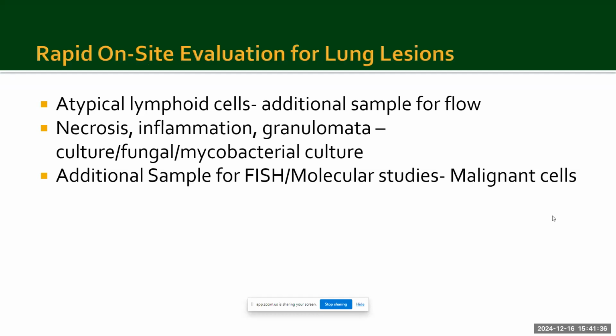In the beginning of our podcast, I also mentioned that if I am seeing any amount of atypical lymphoid cells, even if it is very low grade but monotonous appearing lymphoid cells, I do not hesitate to tell the clinician, hey, we need an additional sample for a dedicated flow. Can I get a dedicated sample for RPMI?